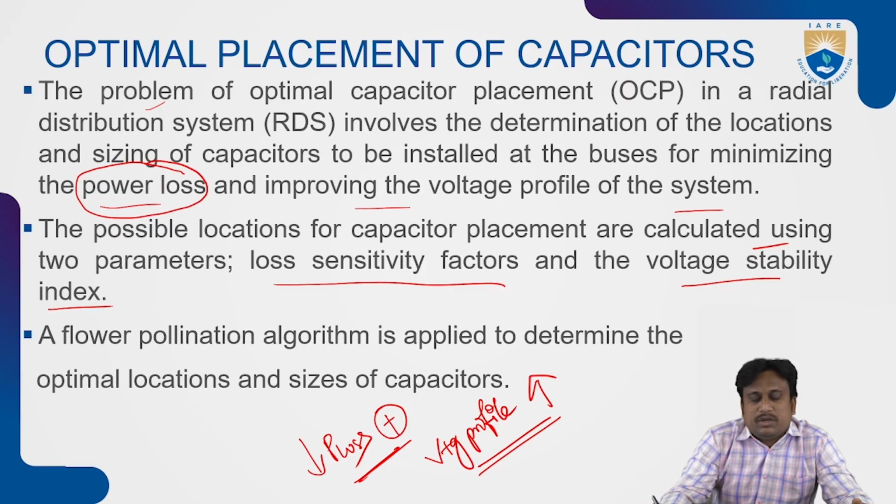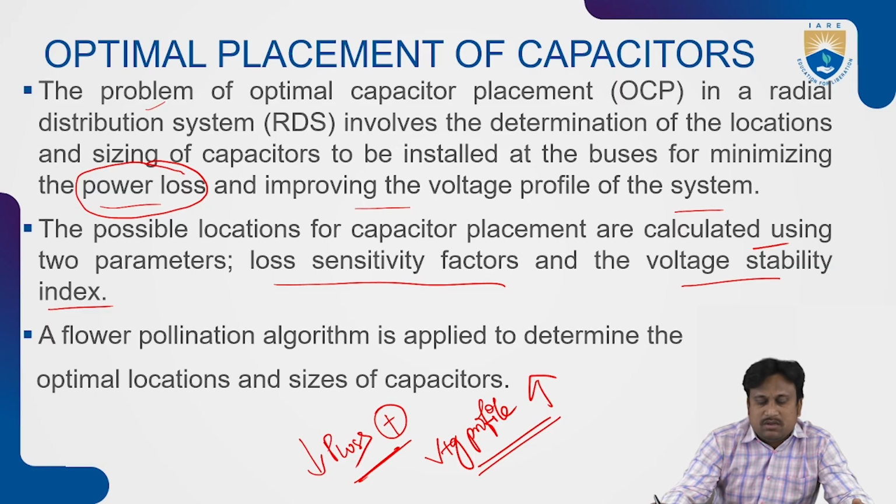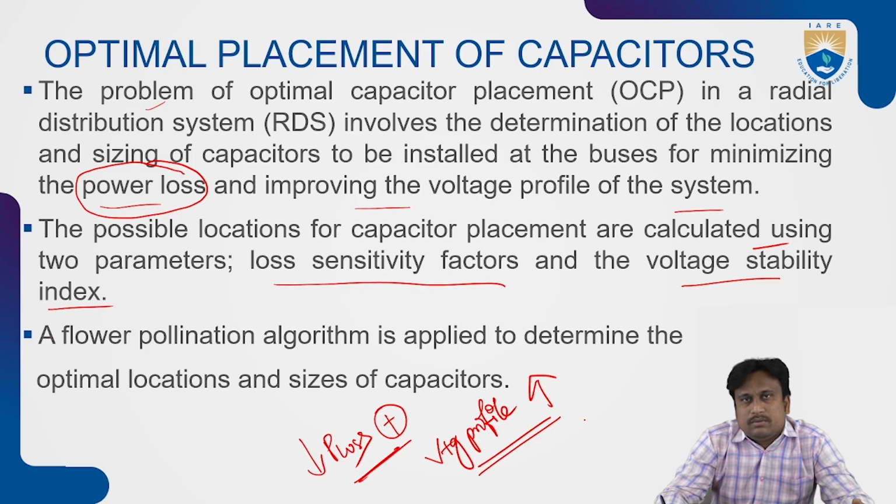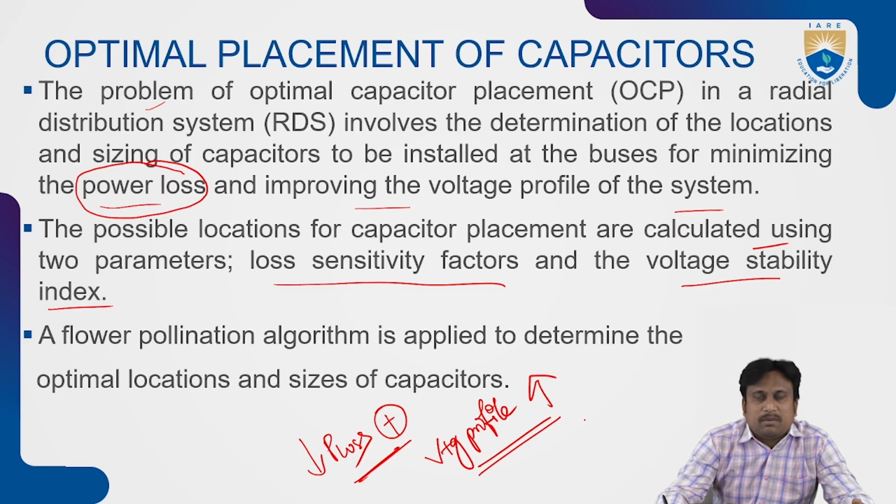We first look at the loss sensitivity factors. On a given line where the expectancy of loss is more, based on that consideration, they designate some locations and identify them, and based on that the optimal sizing of the capacitors takes place.